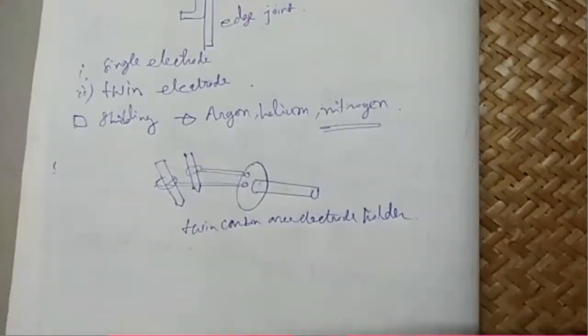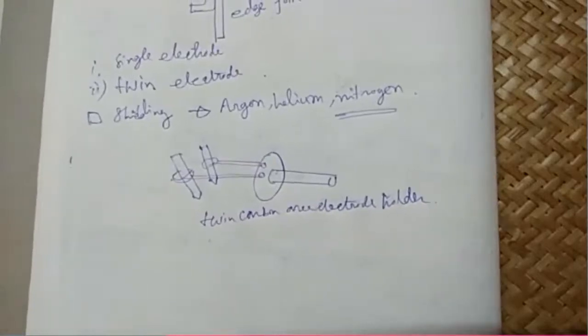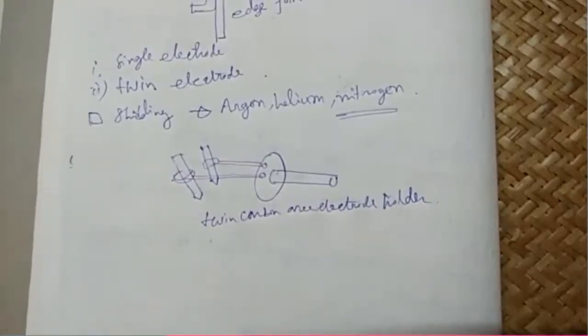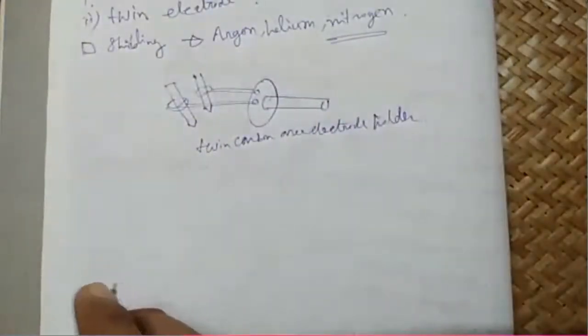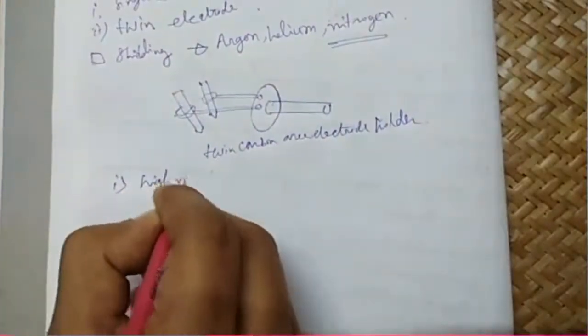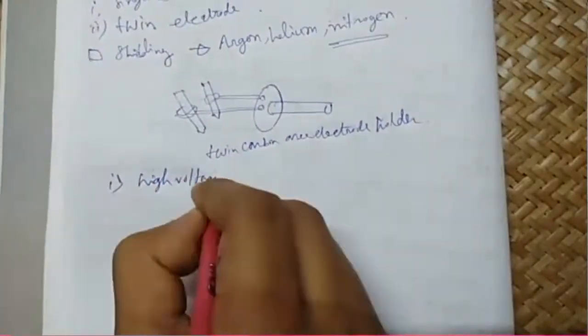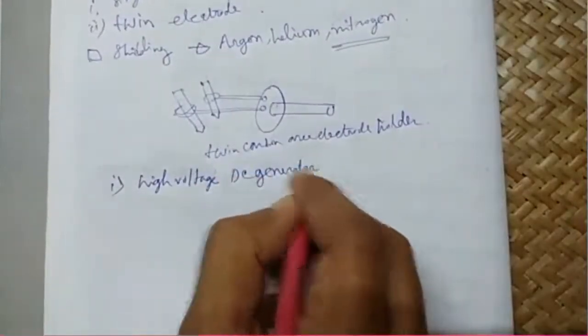But the most useful practice is to use straight polarity in DC. So the equipment used here is a high voltage DC generator or transformer.